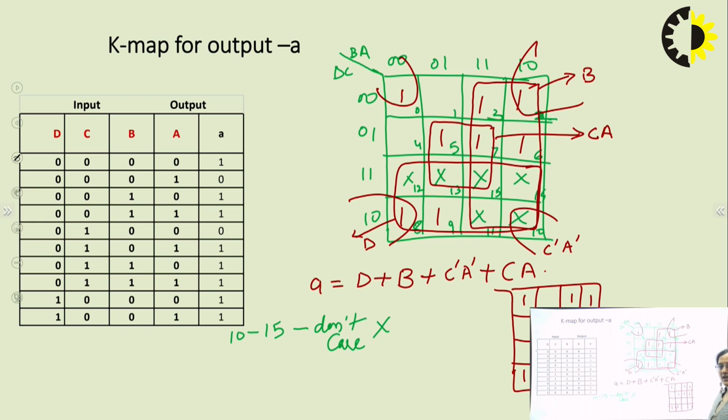In this case, we will have only one quad. We don't have any octet, and we will have one pair, this one as a pair, and this is a pair. So we are having 1, 2, 3 pairs, 1 quad.